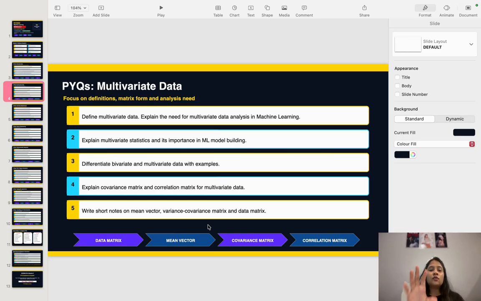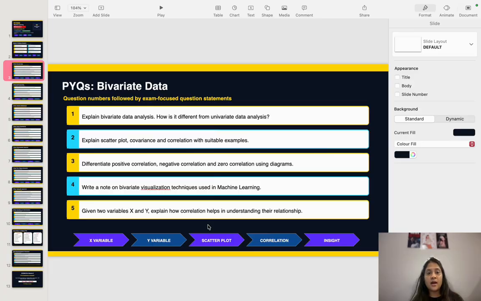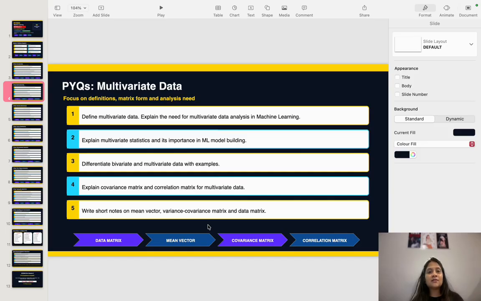So if you study the concept called multivariate data, it covers all these concepts. Okay, so do not skip this concept. First, try to understand the bivariate data. You will learn all these concepts in that question itself, right? Next is multivariate data.